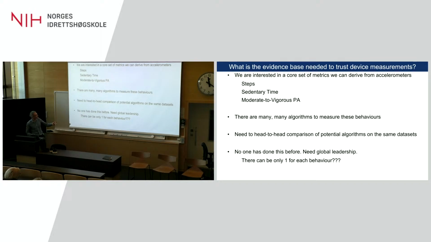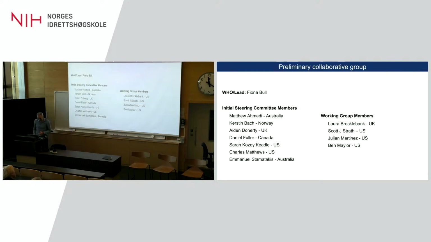There are many, many algorithms to measure these behaviors, and what we really need is a head-to-head comparison of the potential algorithms on the same data sets. We believe that nobody has done this before, and we need some leadership around this. So there's a current working group. It's not an exclusive members-only club. We're very open to including other people.